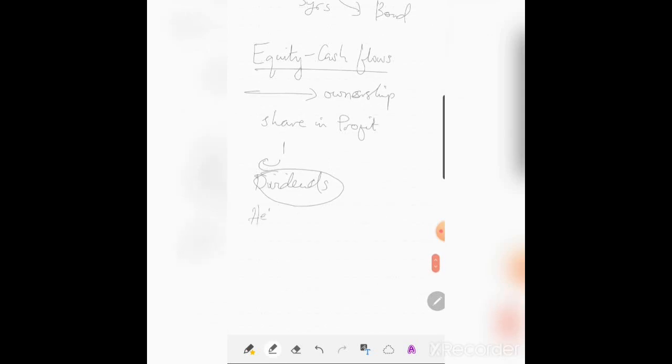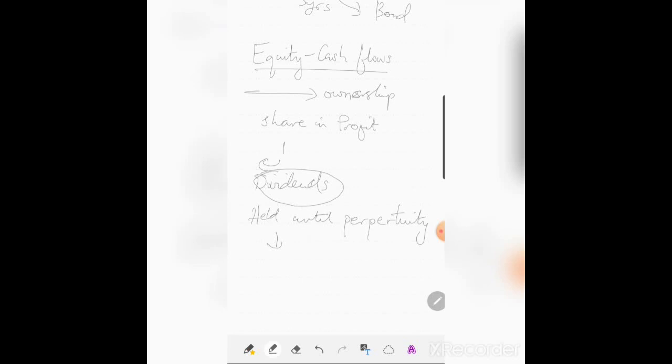They are held until perpetuity. This means until the company closes down, but you have the facility of redeeming them or trading them in the secondary market.